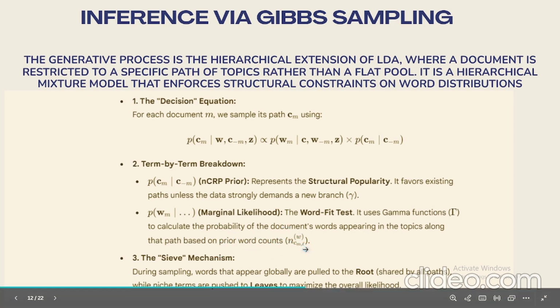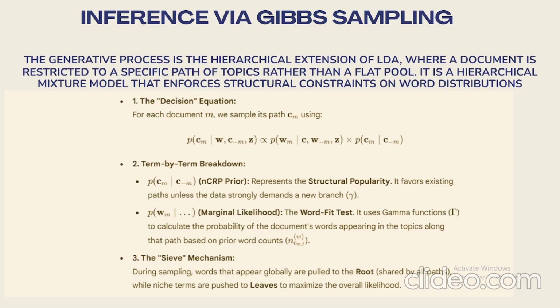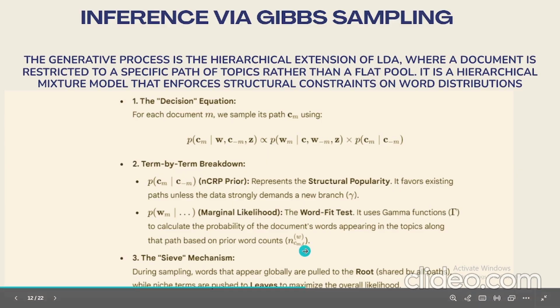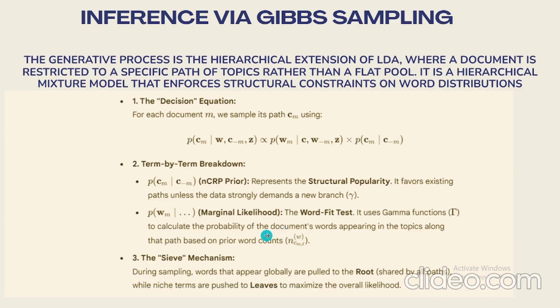Then at the end we have the sieve mechanism. This sieve mechanism is in action. Let's consider a word like neuron. If a word like neuron appears, the likelihood will pull the document toward a biology path.